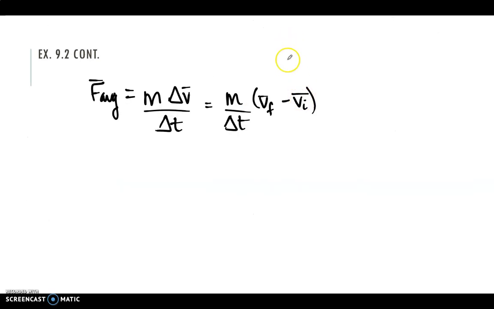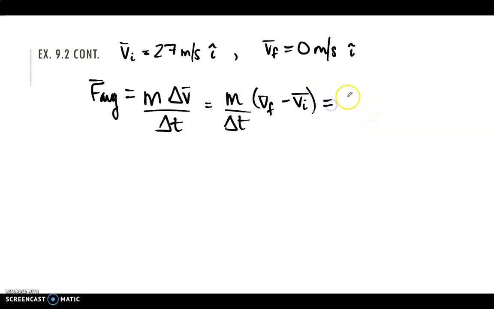The car started with some velocity, v sub i, equal to 27 meters per second in the i hat direction. Then our v final, because the car comes to a stop, will be 0 meters per second in the i hat direction.